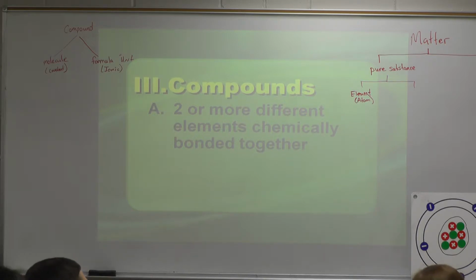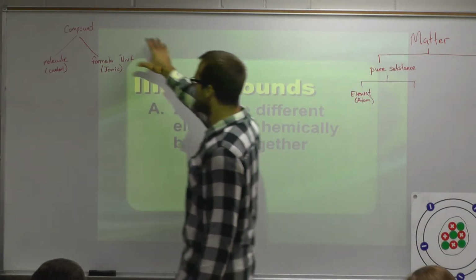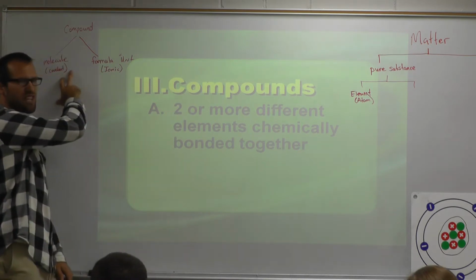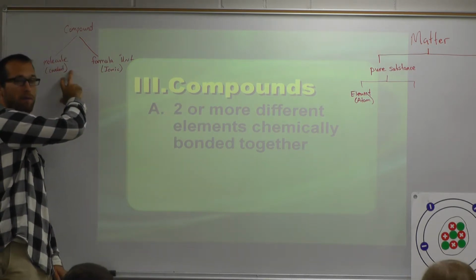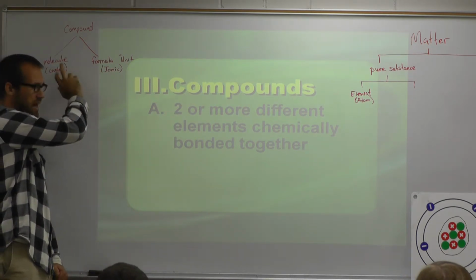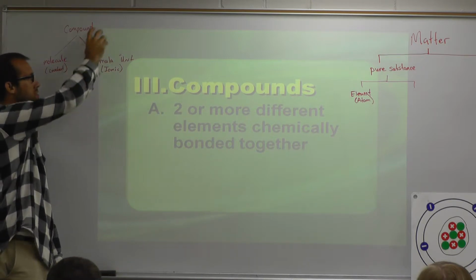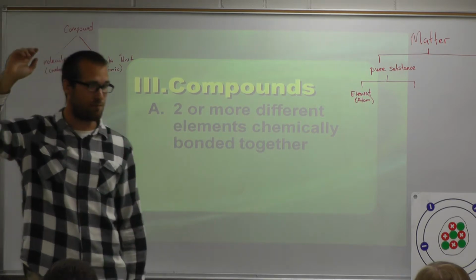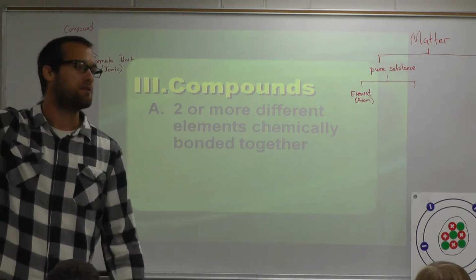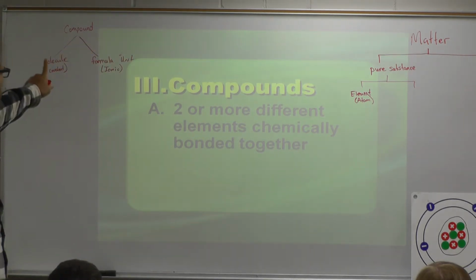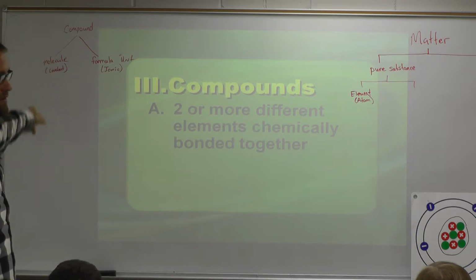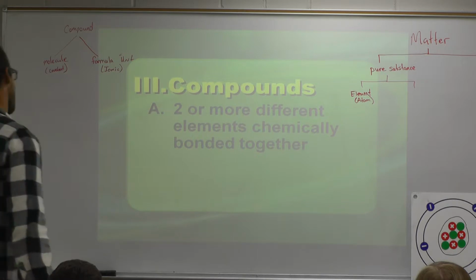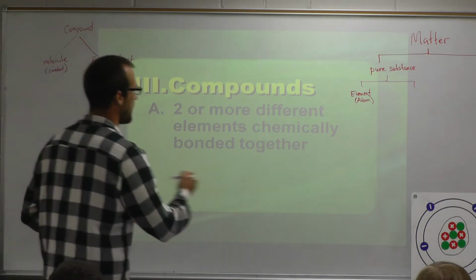So the difference between a compound and a molecule is that a molecule is specifically bonded a certain type of way. We'll talk about this in a much later chapter. So compound would be the big category: anytime you've got two or more things chemically bound together, that's a compound. All those things are compounds, but not all compounds are necessarily molecules. Okay? Next level there for you. So that's what it would be over here.